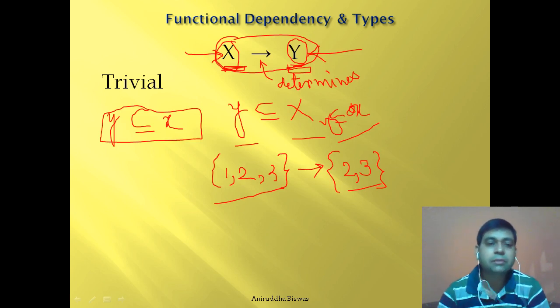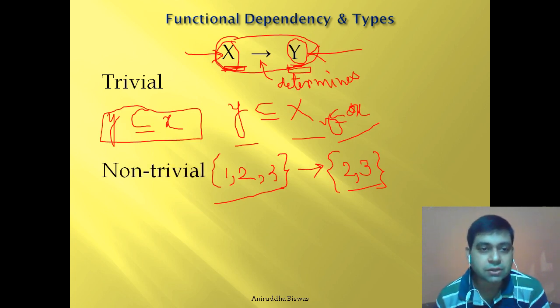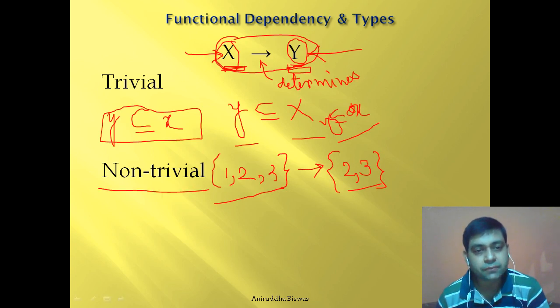So let's talk about the next type of dependency, that is called non-trivial dependency. In case of non-trivial dependency, it's very important that the right side is not a proper subset of the left side. So let's take an example here.